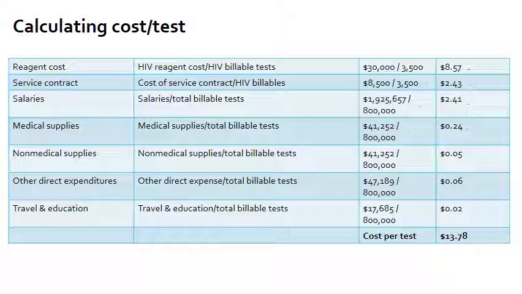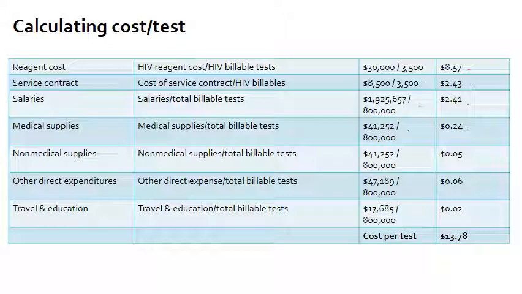You're going to do the same thing for the non-medical supplies. It's interesting that it's the same amount here, but non-medical would be things like paper, the stickers, all the non-medical stuff, sharps containers, and stuff like that that apply to each test that's run in the laboratory. Apply it to each test.